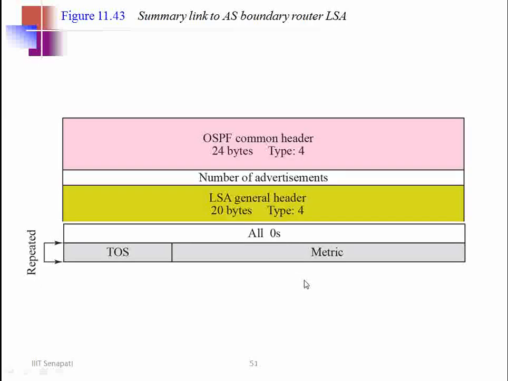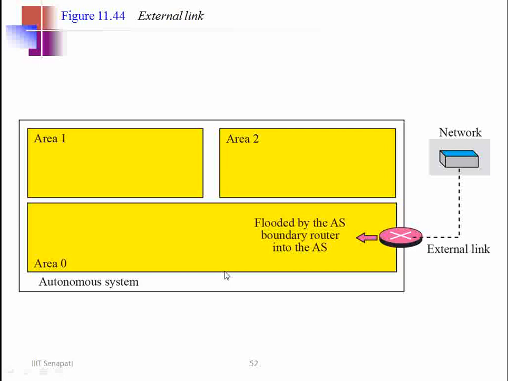So let me show you. This is the same thing as we have already seen. The fields are the same, of the boundary router, right? If it is an external link, external link LSA is also there.